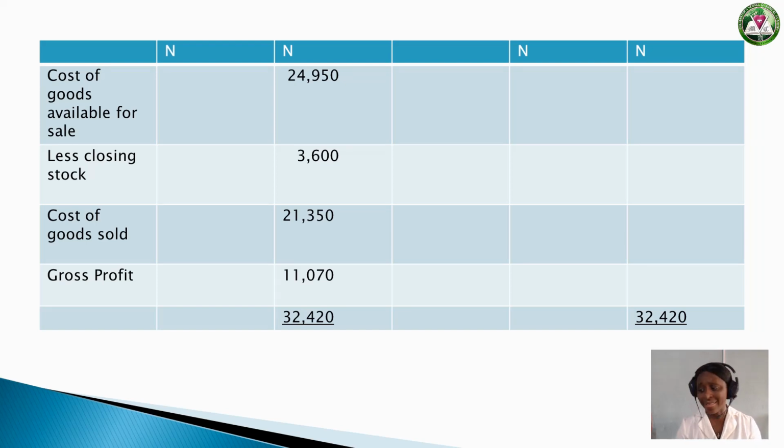So now write less closing stock, and our closing stock is 3,600 naira. Minus 3,600 naira from 24,950 to see what you will get. Have you done that? Be fast because of our time.